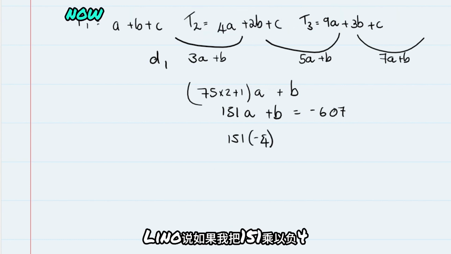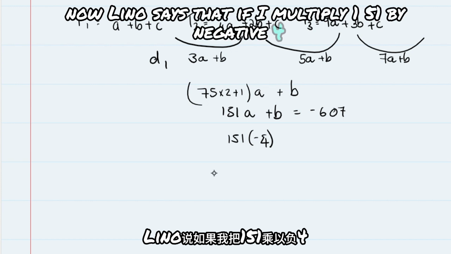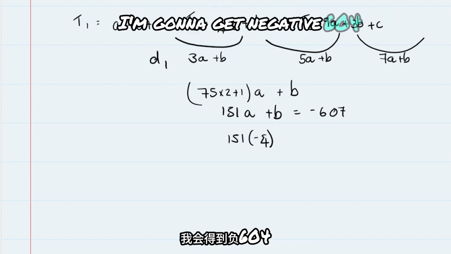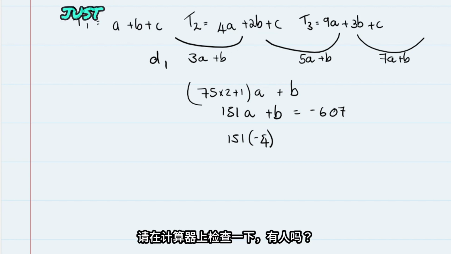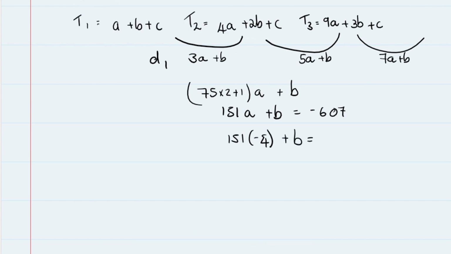Now, Lino says that if I multiply 151 by negative 4, I'm going to get negative 604. Just check that on a calculator, please, someone. Yes. Isn't it?